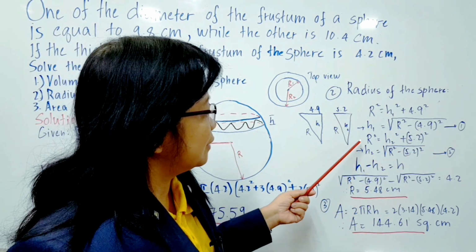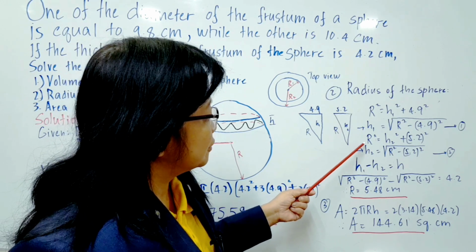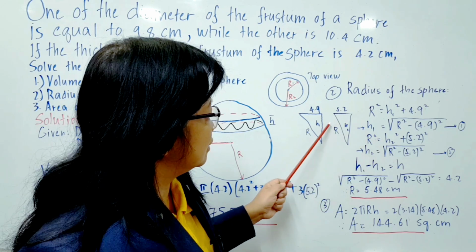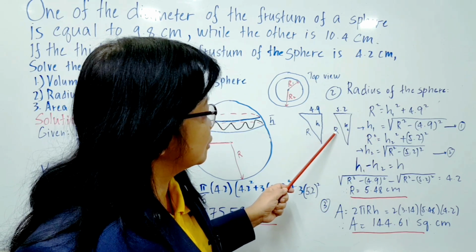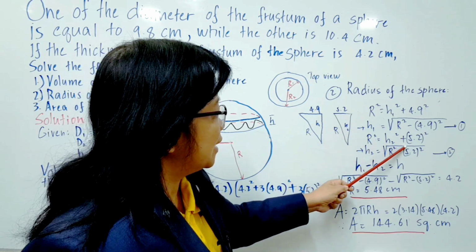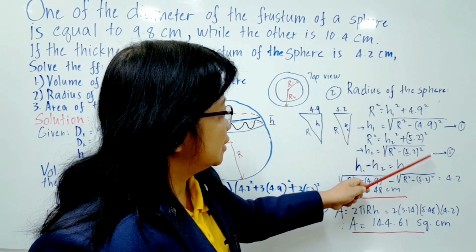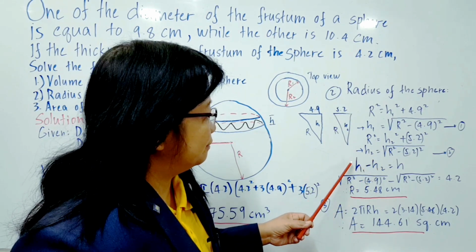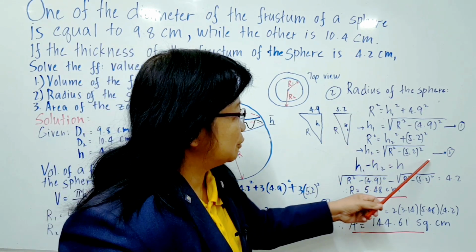Another one, also from R2 squared: R squared is equal to h2 squared plus 5.2 squared. This is the one. Therefore, we have equation 2.